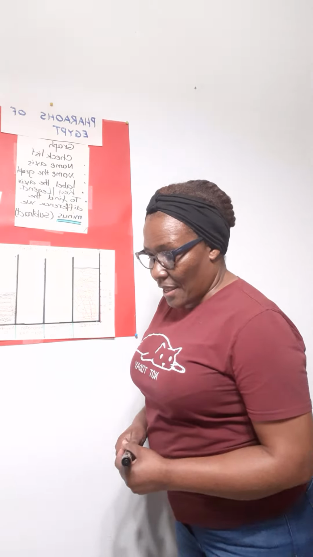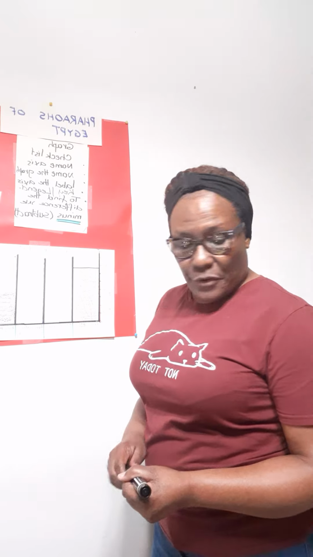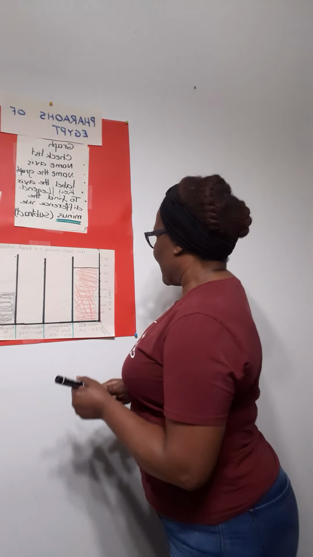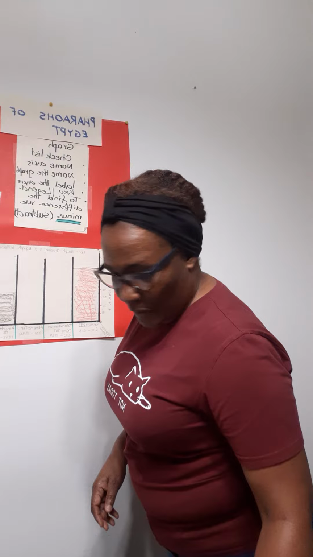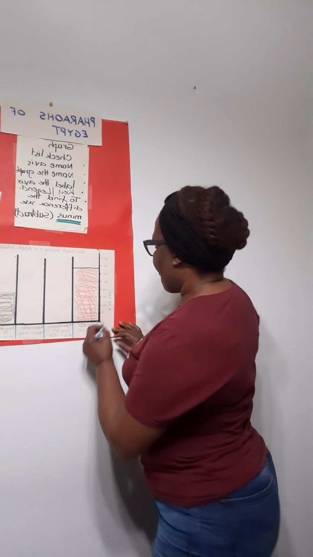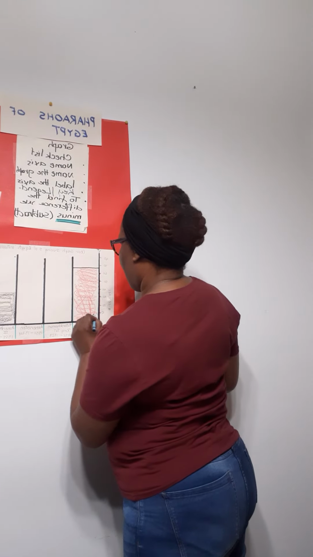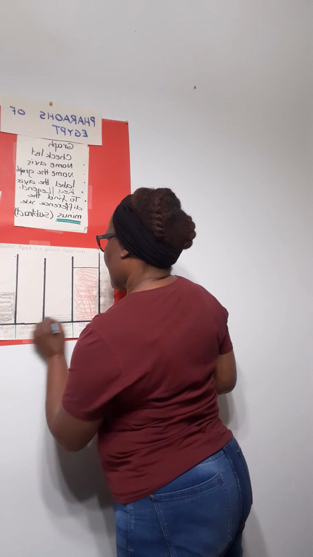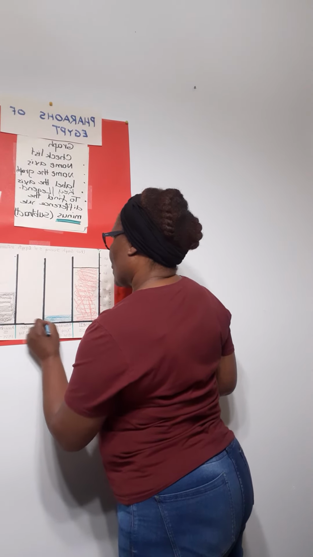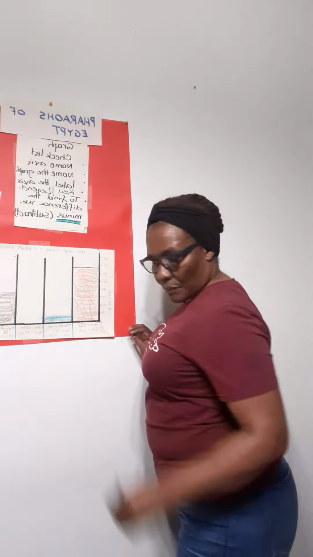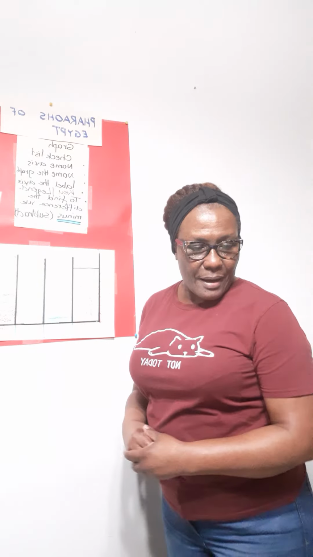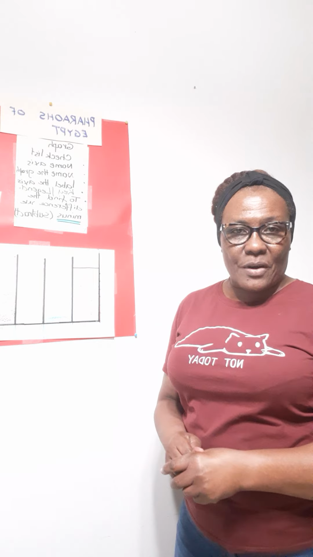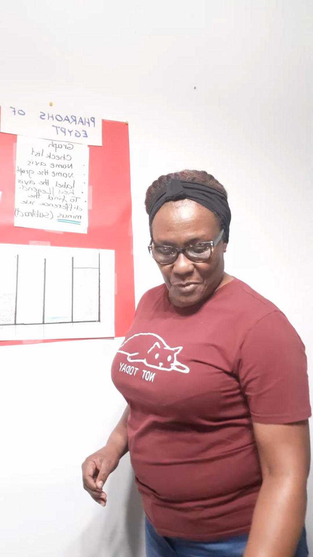And he reigned for 9 years. So let's see if we can find our 9, and we're going to put it in. Are we finished with that one so we can move on? All right, let's move on.